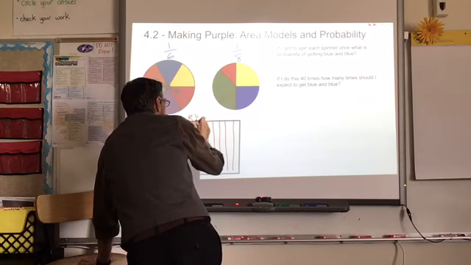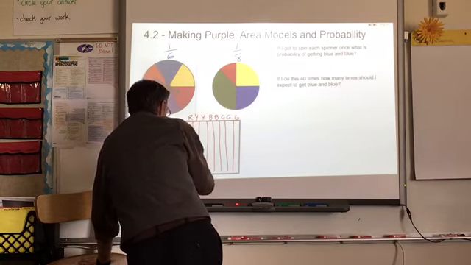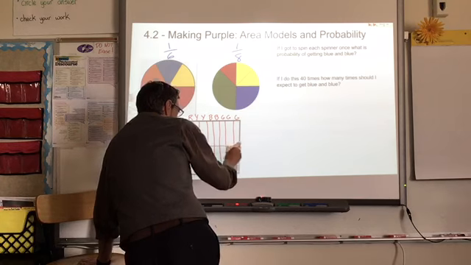Then that goes to area. So what you do is you take the colors, like green, yellow, blue, red, you just use the first letters. Just draw a rectangle.